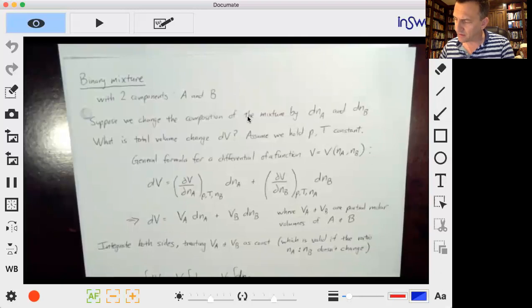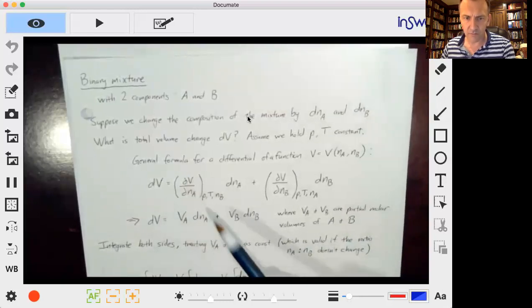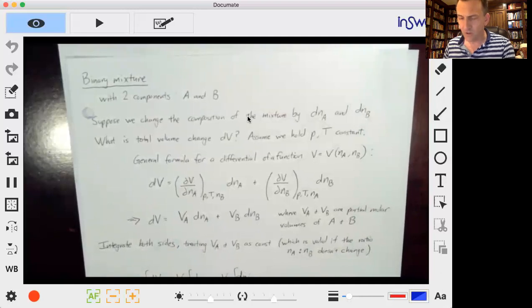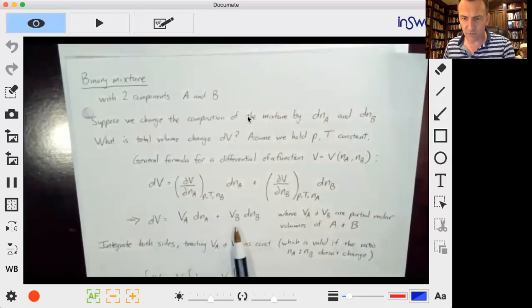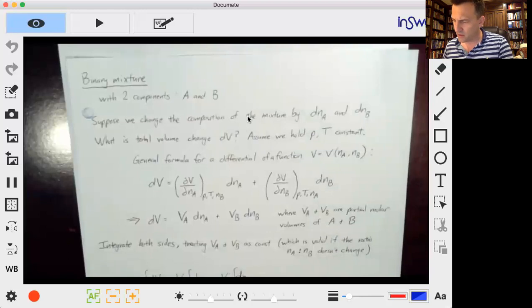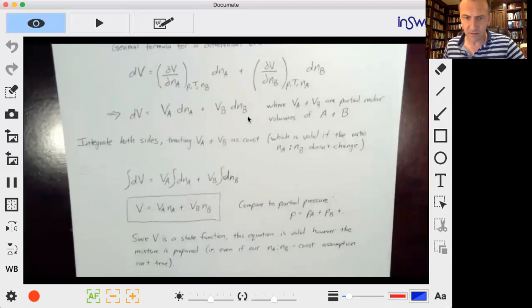If you look at this, it's pretty clear that what we've written here is the partial molar volume. So dV is equal to VA, where VA is the partial molar volume of A, dNA, plus VB, the partial molar volume of B, dNB. Then we can integrate both sides of this equation, and we wind up with an equation like this.